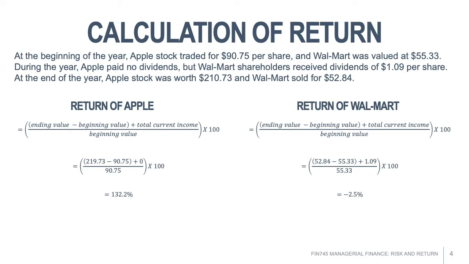For return of Walmart, ending value minus beginning value plus total current income divided by beginning value, so 52.84 minus 55.33 plus 1.09 which is the dividend payment, divided by 55.33 times 100, you get negative 2.5%. From this example, we can say that if you invest in Apple, you make a profit of 132.2%, but if you invest in Walmart, you make a loss of 2.5%.